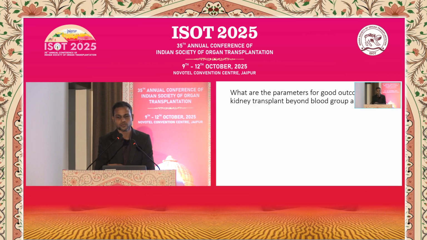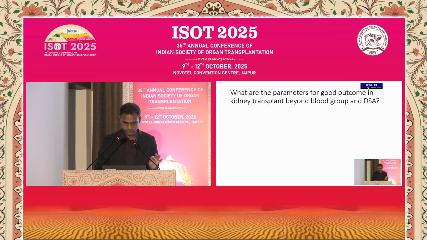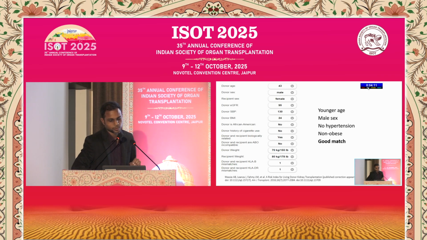So what are the parameters for a good outcome in kidney transplant beyond blood group and DSA? Because ABO incompatibility and HLA incompatibility are the two. This is a beautiful model created by Massie and Dorry, and here we can see they have highly emphasized younger age, male sex of the donor, no hypertension in the donor, non-obese, and lastly good HLA match.